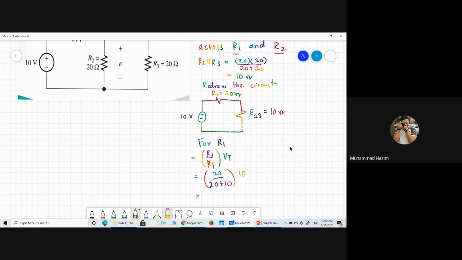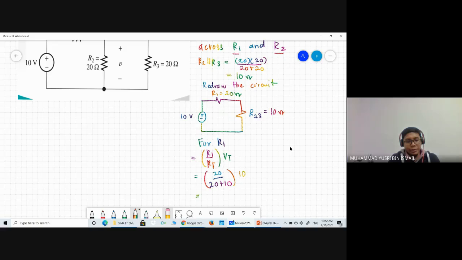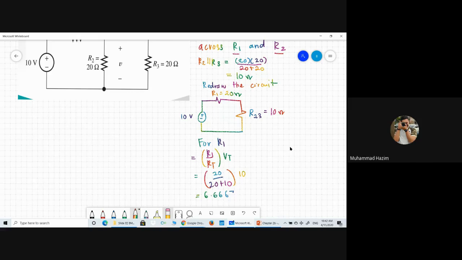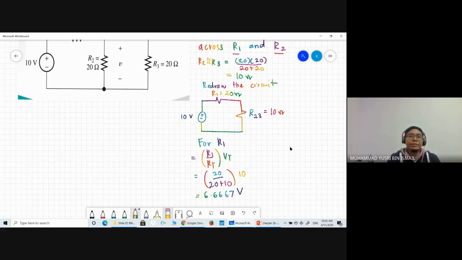That's wrong, sir, it's 6.67. So 20 divided by 30 times 10 is 6.67, about 7 volt.